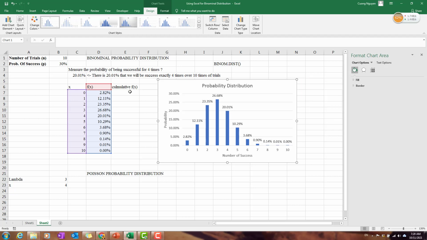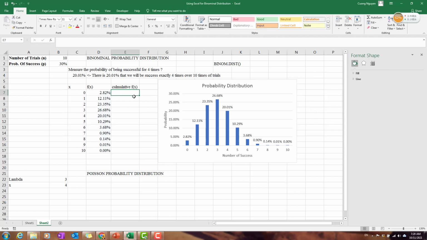They're the same. The cumulative function actually measures, in a case where the question would be something like, measure the probability of being successful at least 4 times. That means equal to 4, or 3 times, 2 times, 1 time, or 0 times.